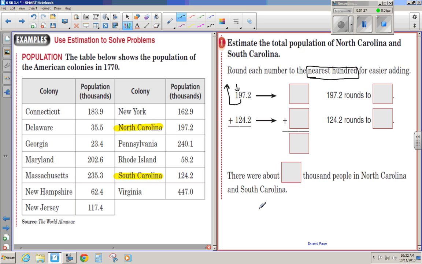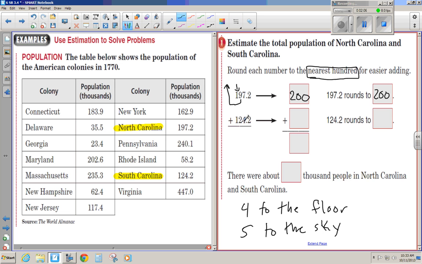The saying goes, 4 to the floor and 5 to the sky. 4 to the floor, 5 to the sky. So for this, it's 5 or higher, so it's 5 to the sky, which means this rounds to 200. So your estimation will be about 200,000 people.